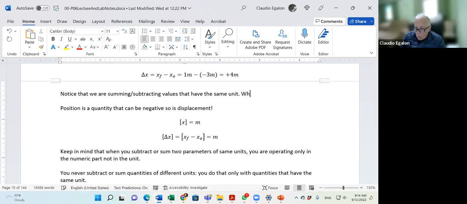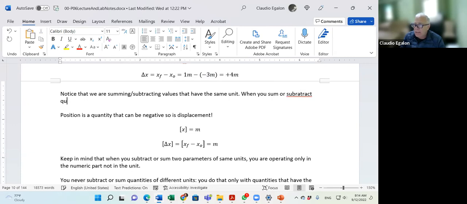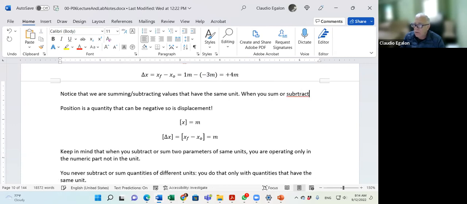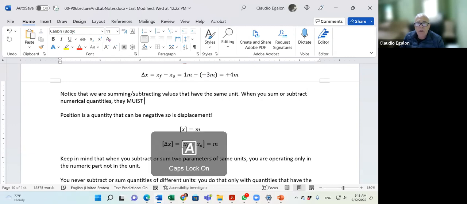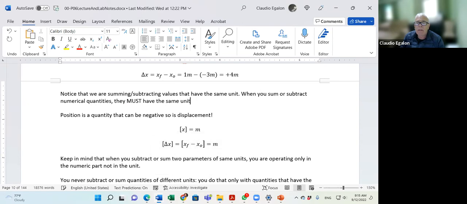When you sum or subtract numerical quantities, they must, I'm going to put here in bold, must have the same units.